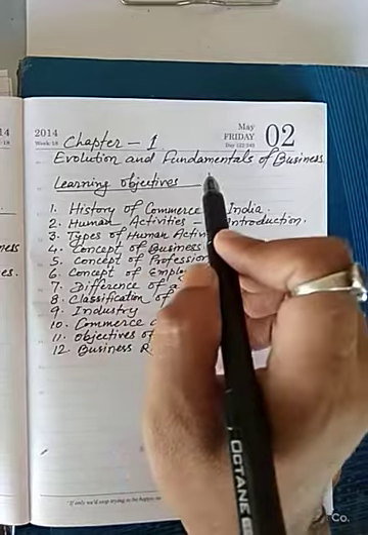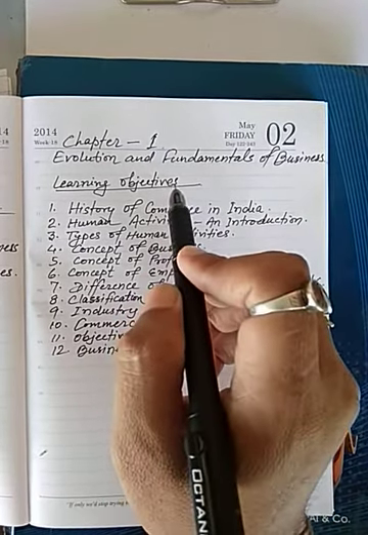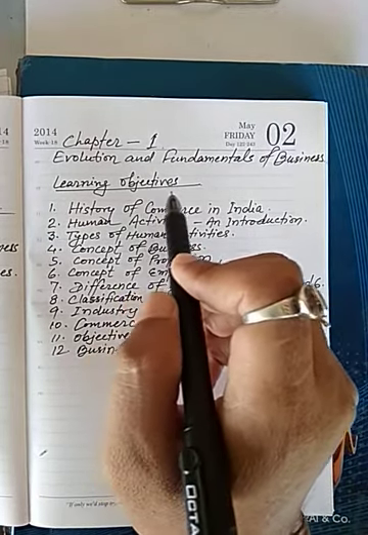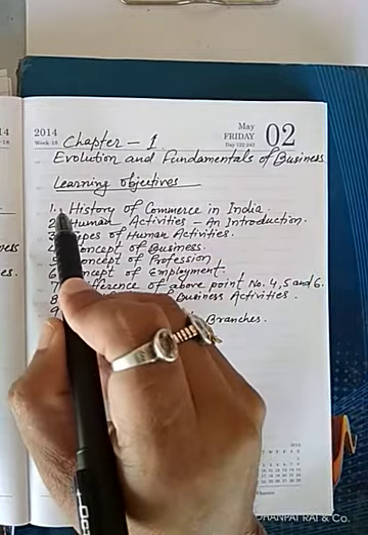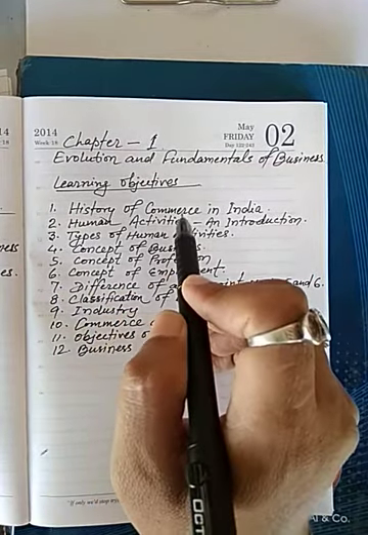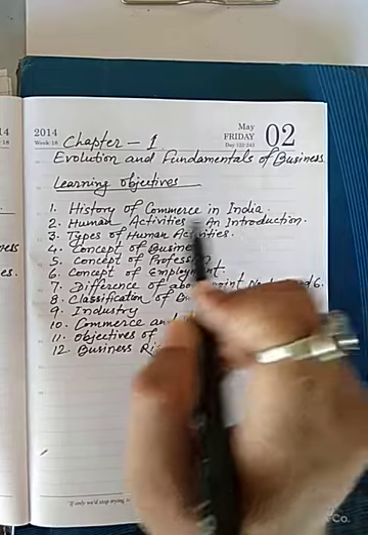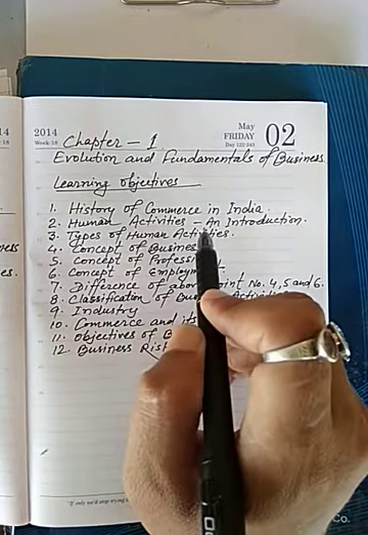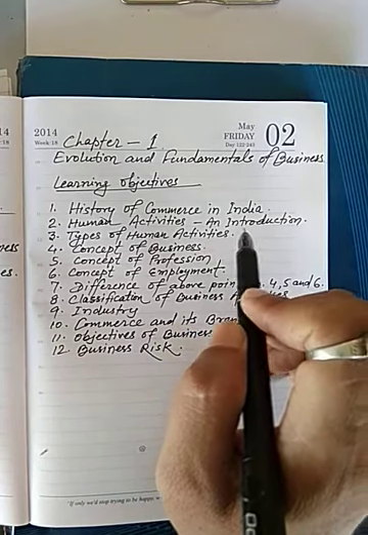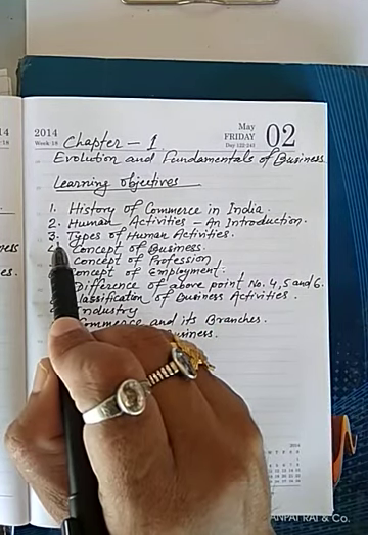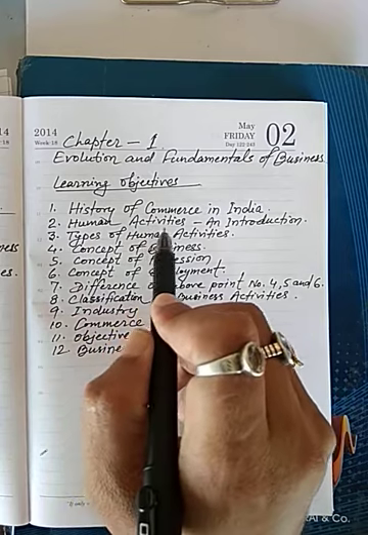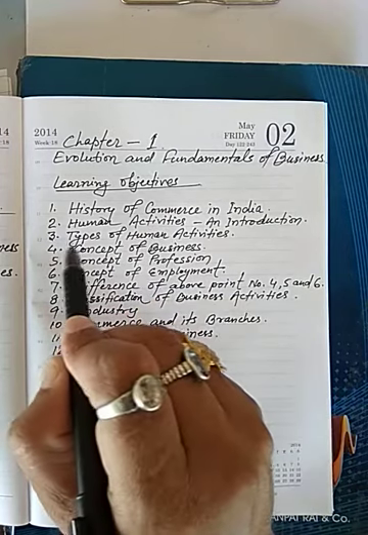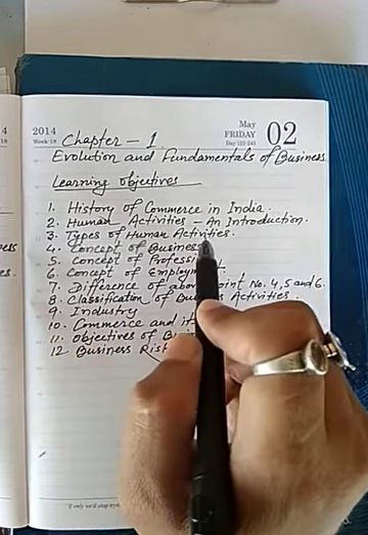Under this chapter, learning objectives will be: first, history of commerce in India. Second, human activity and introduction of human activity. Third, types of human activities.